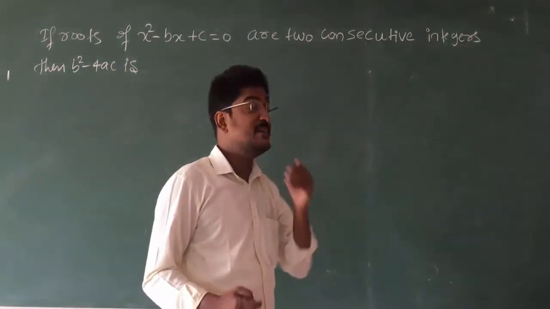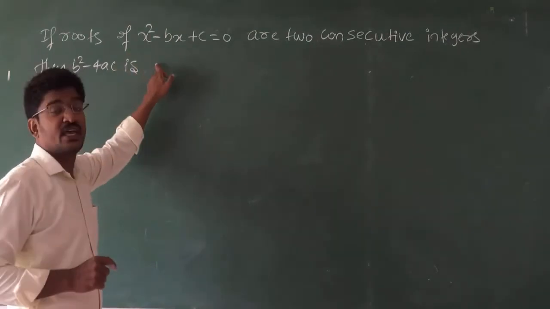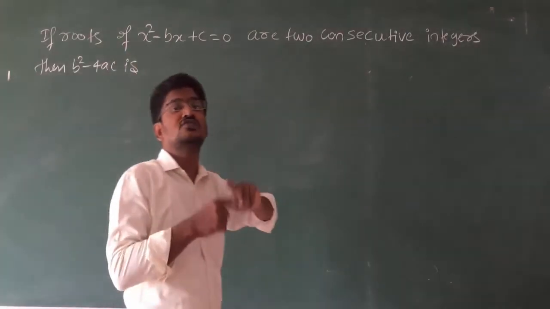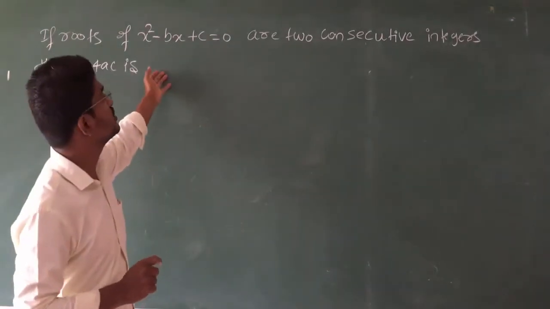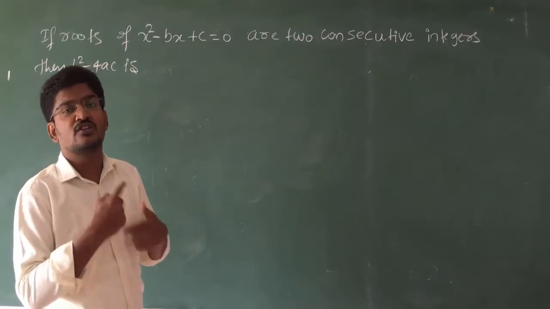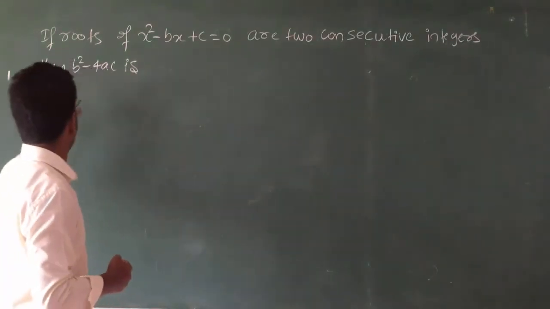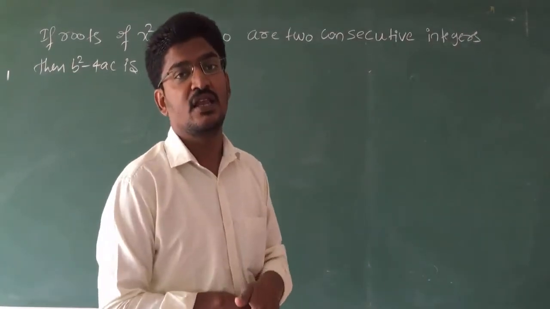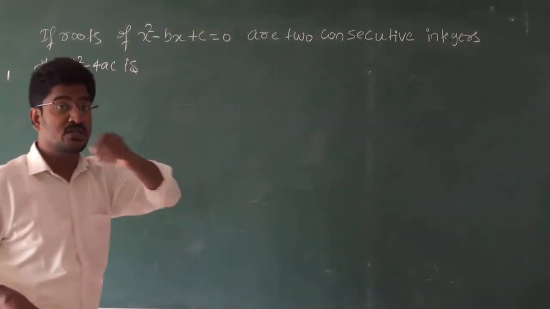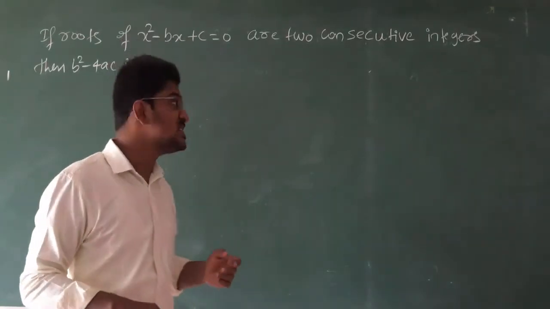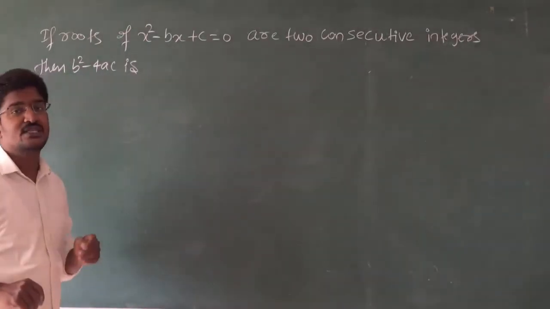So this is the given algebraic equation which has two consecutive integers as roots. Then what is b square minus 4ac, they are asking.